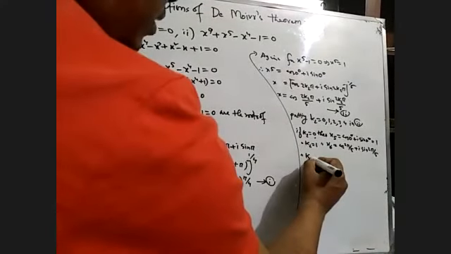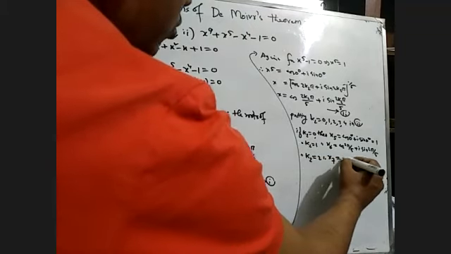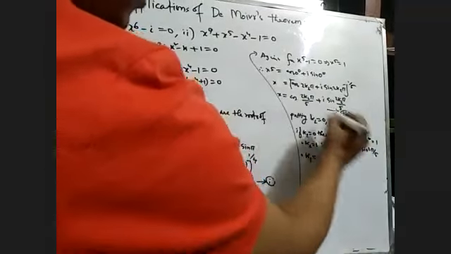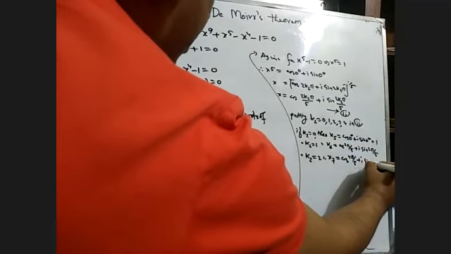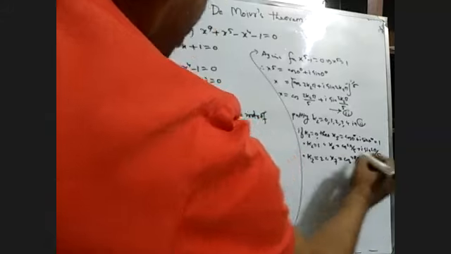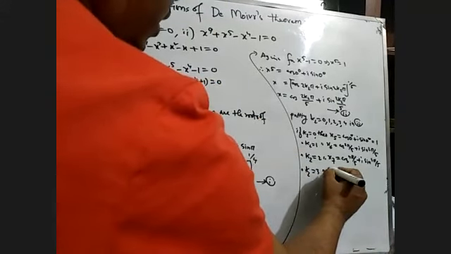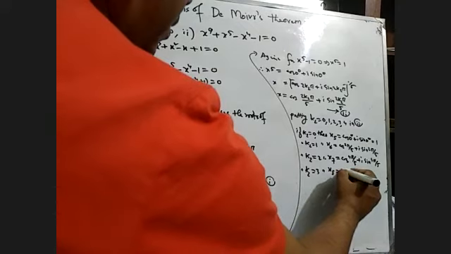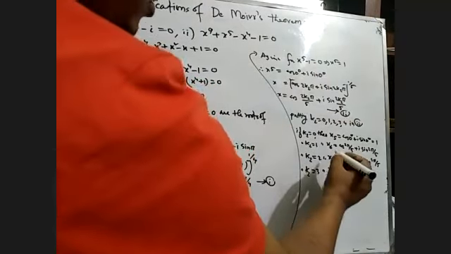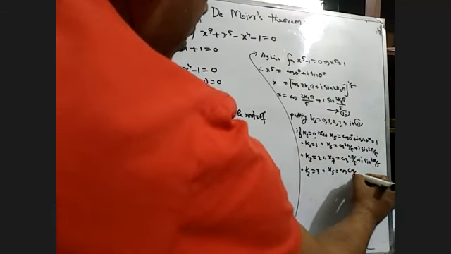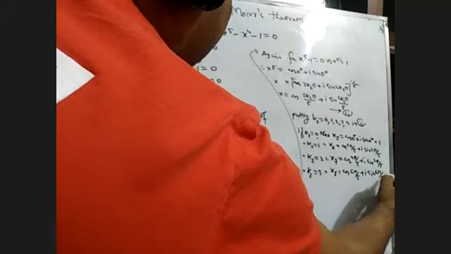Now if k2 equals 2, then the seventh root: cos 4 pi by 5 plus i sin 4 pi by 5. If k2 equals 3, then the eighth root: cos 6 pi by 5 plus i sin 6 pi by 5.